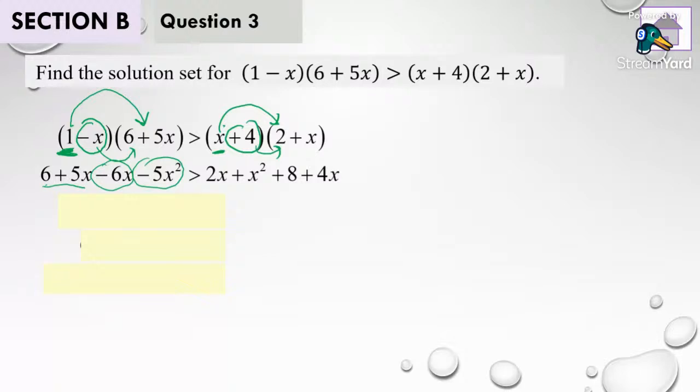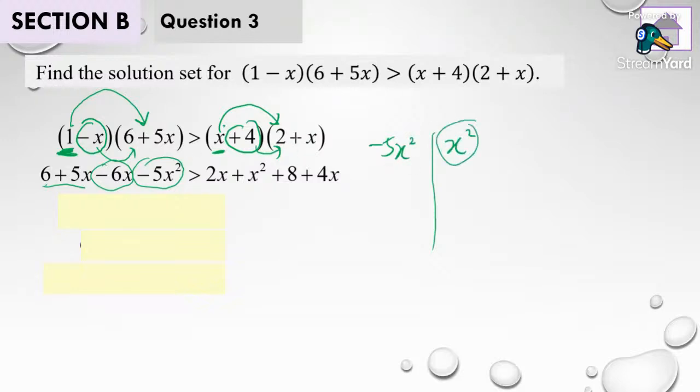the quadratic inequalities. So let us keep all the x terms on the left, 0 on the right. So at this part, let me simplify my answer by simplifying the x squared term first. On the left, I have minus 5x squared. On the right, I have x squared.